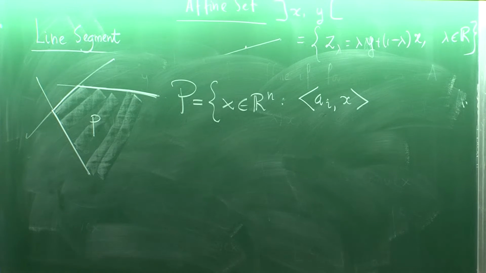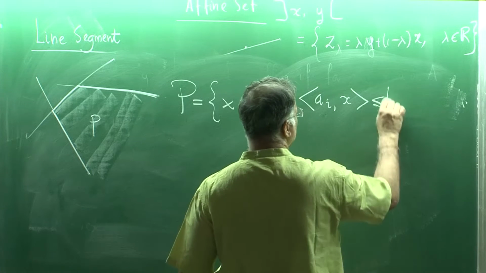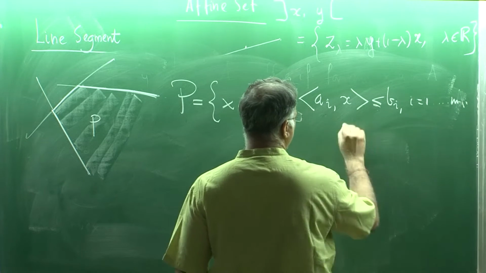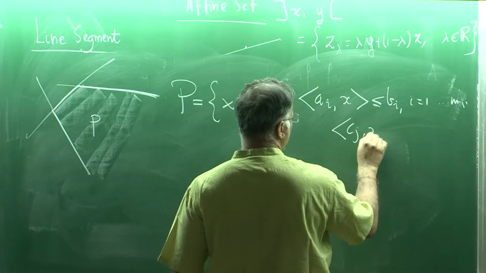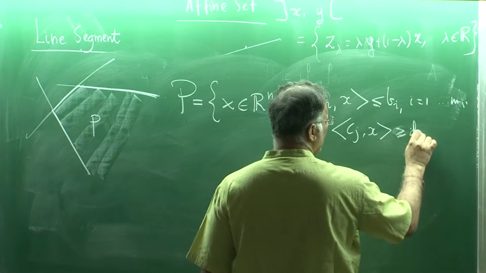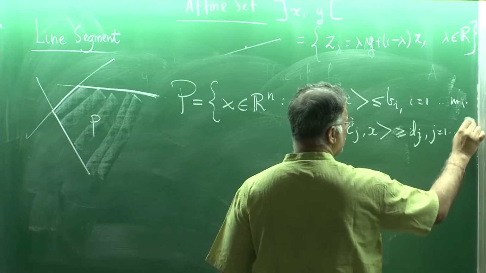Do not consider an infinite number of half spaces, finite only. So, Ai x is less than or equal to bi, i equal to 1 to m, and Cj x is greater than or equal to dj, j equal to 1 to k. So, these are very general expressions of a polyhedral set.